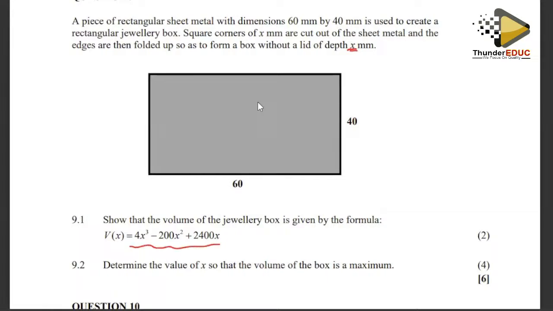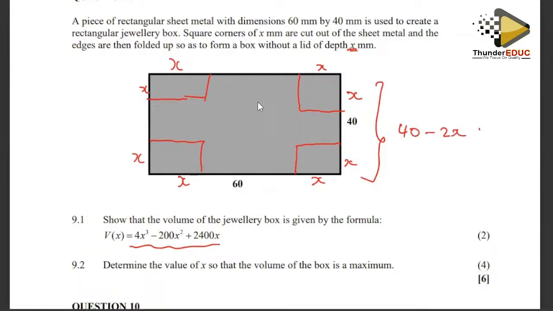So they're telling us that if they're cutting off x, forgive my corners, they're taking off x and x, and then we have x and x. So what we need to know is that the width is going to be 40 minus 2x.